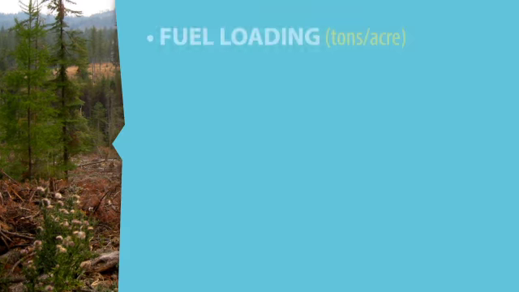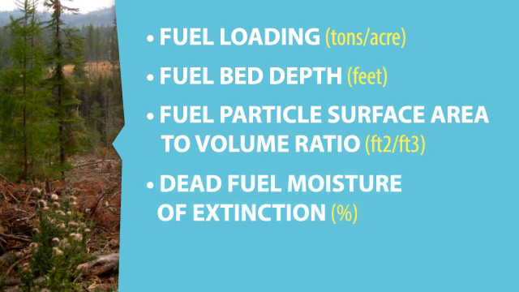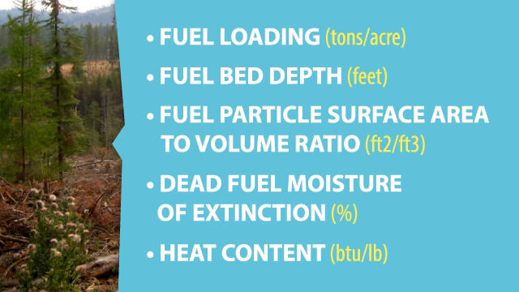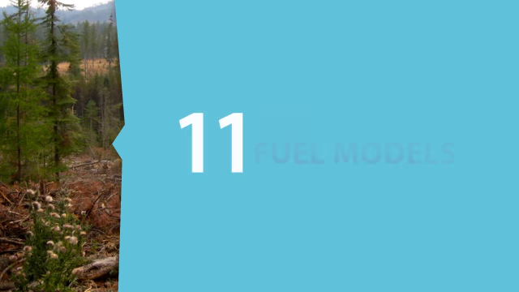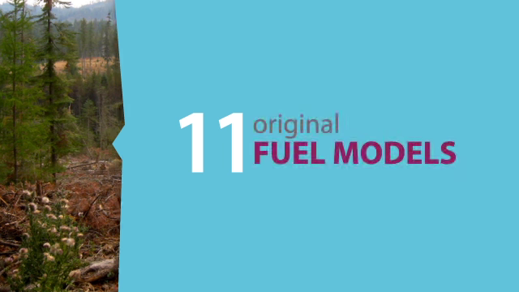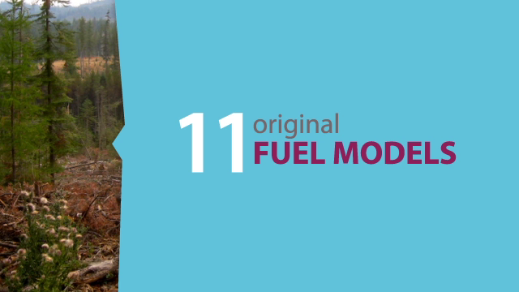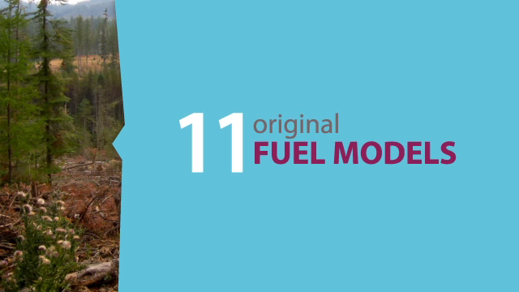Rothermel's fuel models included the following information. Rothermel originally developed a set of 11 fuel models to describe the surface fuels. These fuel models provide standardized information that can be used to calculate surface rate of spread with his spread model.